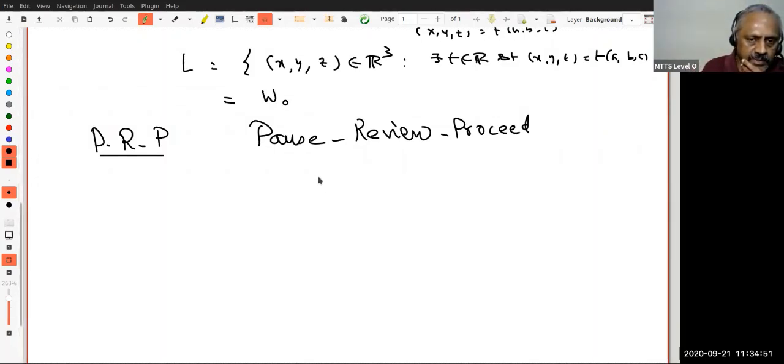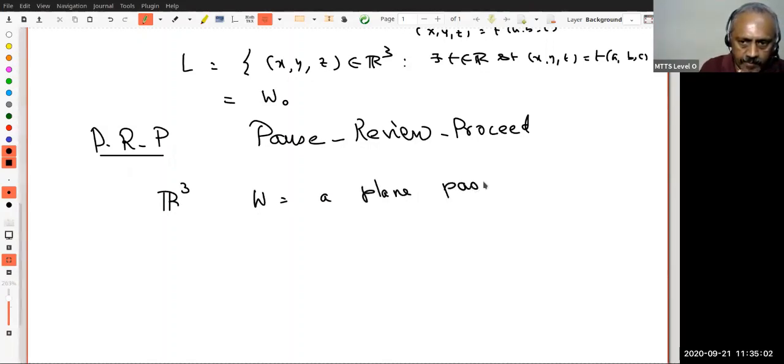Now we notice that in R3 we have also seen, if I look at W to be a plane passing through the origin, then that is given by (x, y, z) in R3 such that ax plus by plus cz equal to 0.